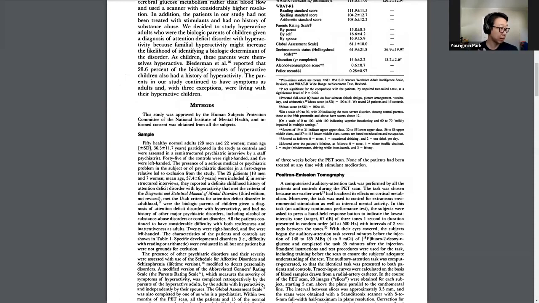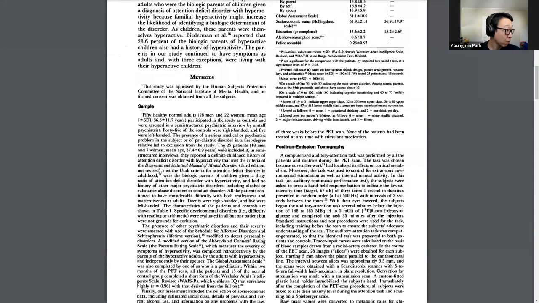I believe they excluded patients that had serious psychiatric problems in the past. "25 patients were included if they reported a definite childhood history of attention deficit disorder with hyperactivity." And yeah, they used the Diagnostic and Statistical Manual of Mental Disorders, or the Utah criteria. Yeah, it met the Utah criteria.